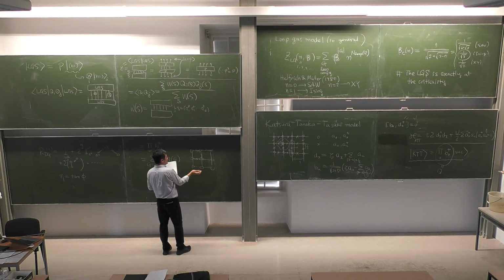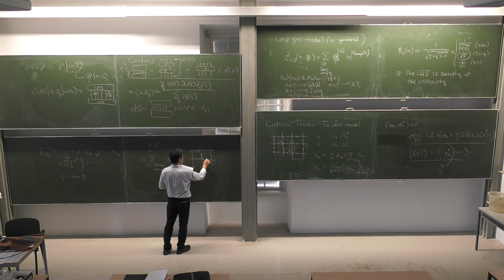So the rule here is, there must be one and exactly one short line emanating from the cross in either direction.